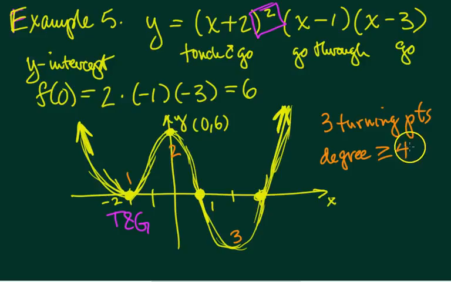Okay, so if we can predict the shape of the graph by knowing something about the linear factors, we can go the other way too. Because we have this relationship.